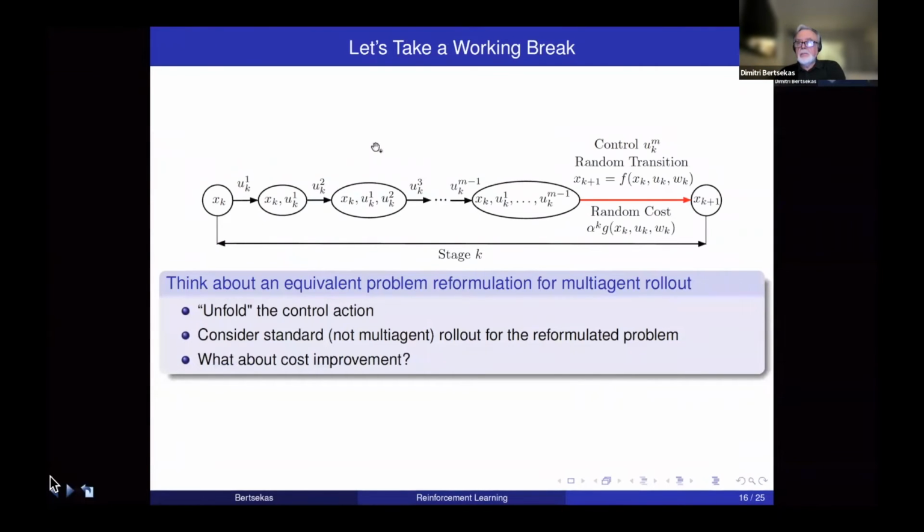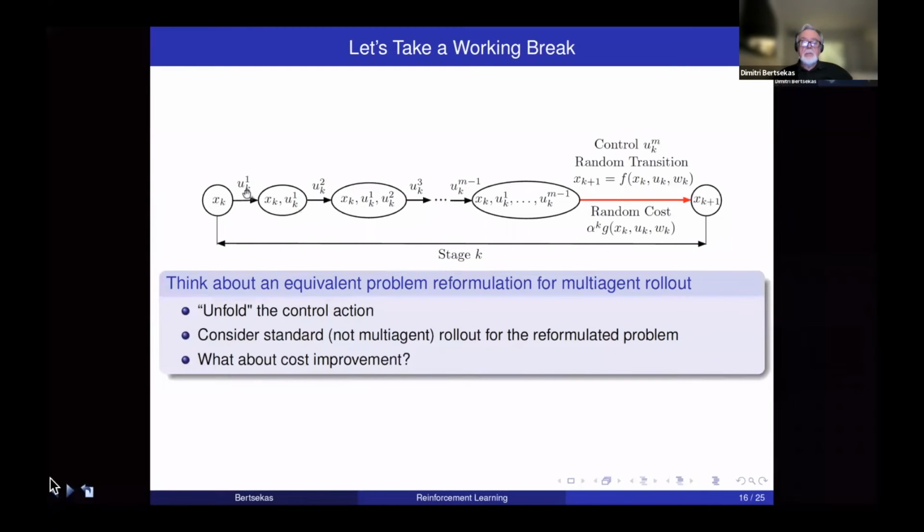And I want you to, if you wish, think about how we might approach this multi-agent setting and multi-agent rollout analytically. I gave this figure in lecture number 3, and I explained it very quickly, but now I want to go into it a little bit more in depth. This involves a reformulation of the problem whereby each transition from state xk to xk plus 1 is unfolded into multiple transitions.